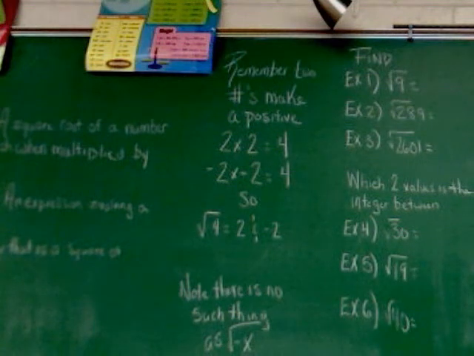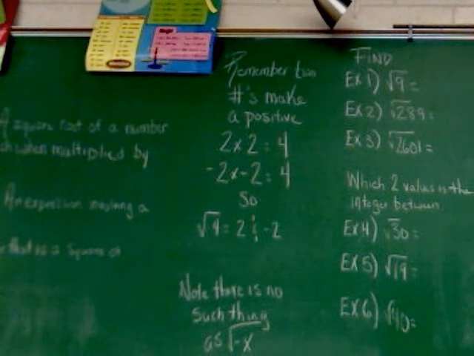If I multiply two negative numbers together, it's still going to be positive. 5 times 5 is 25, but negative 5 times negative 5 is also plain old 25. So when we go through answers, there will be two answers, because there's a positive one that works and a negative one.